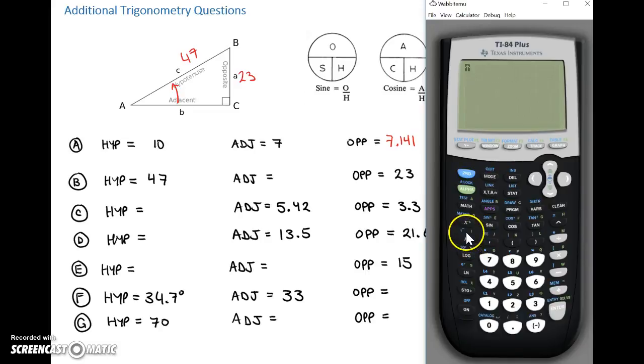So we'll do the square root of 47 squared minus the 23 squared. Close brackets. And that gives us 40.987.